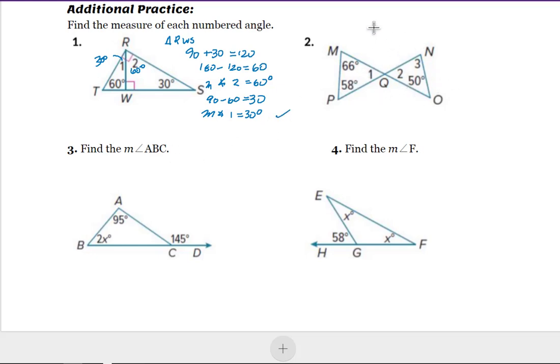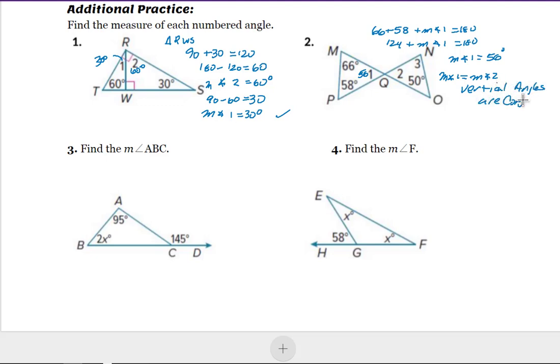Let's look at number 2. Looking at the right-hand triangle, we have 66 and 58 plus measure of angle 1 has to equal 180 by triangle sums. So 124 subtracted from 180 is going to give us 56 for the measure of angle 1. Now by vertical angles, angle 2 must also be 56 degrees.